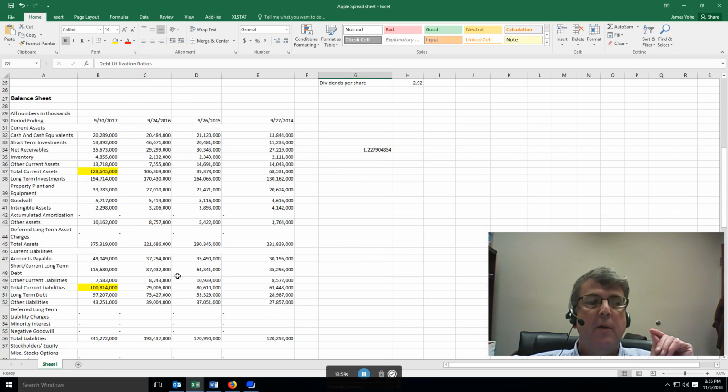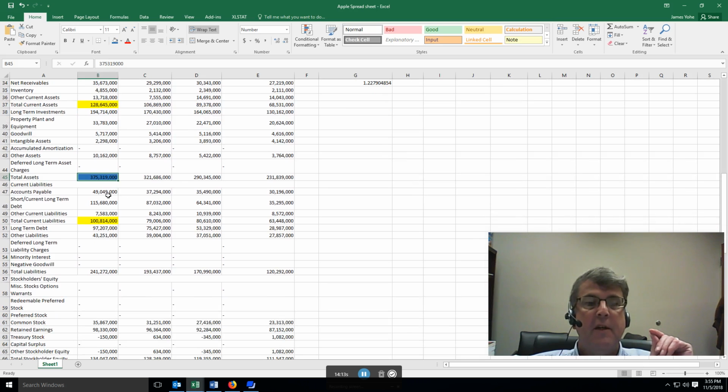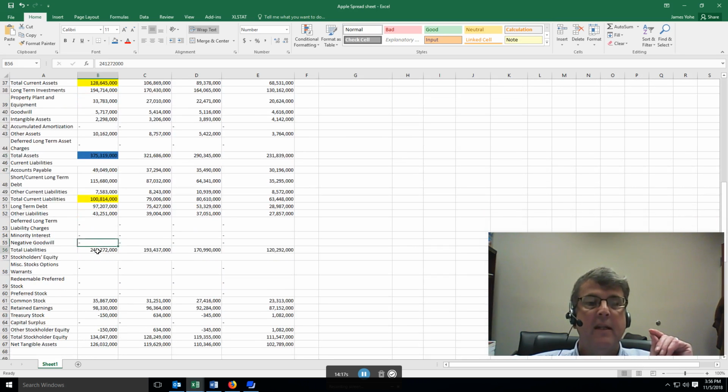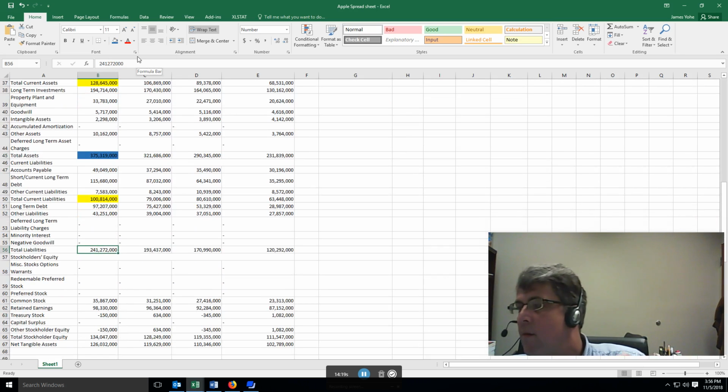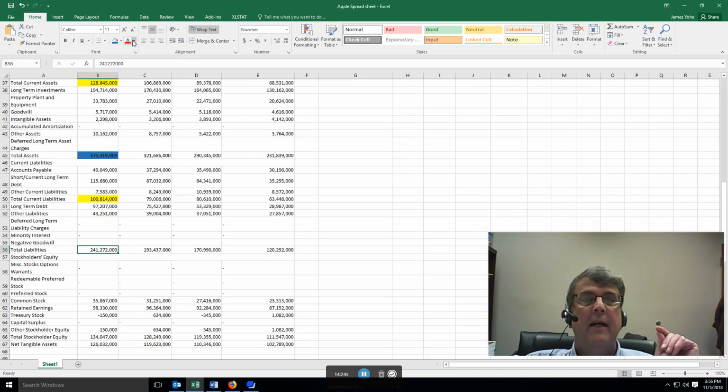And what I'm going to do here is look for total assets, and I'm going to color that in blue. And then I'm going to divide total assets by the total liabilities this company has. And I'll highlight that one in red.